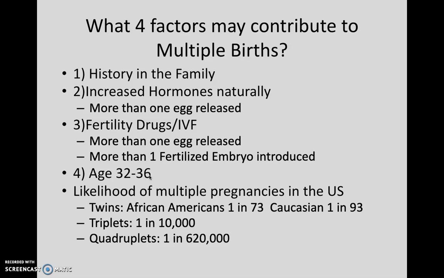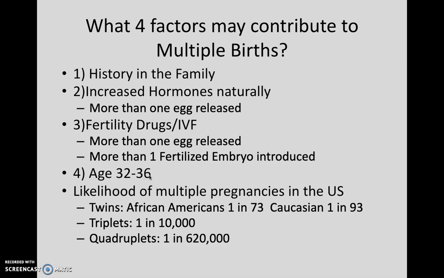So what 4 factors can contribute to multiple births? We have a couple different factors. One is a history. If you have a history of multiple births or twins, triplets, quadruplets, whatever it may be in your family, you yourself will have an increased risk of having multiple births in your reproduction. The second factor would be increased hormones naturally.